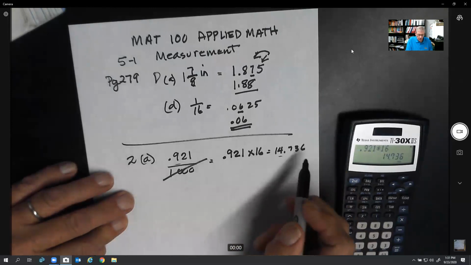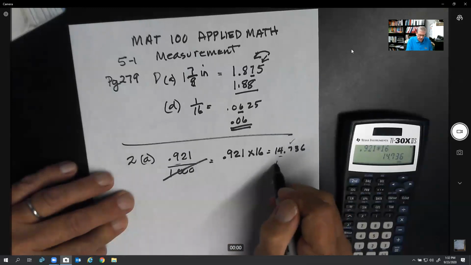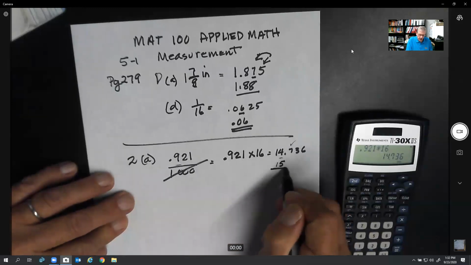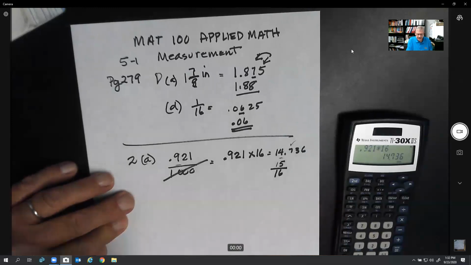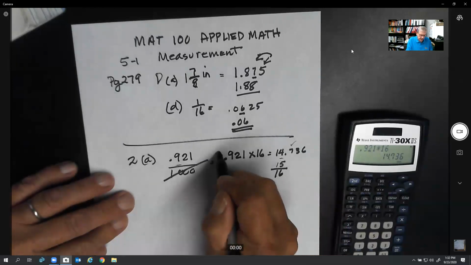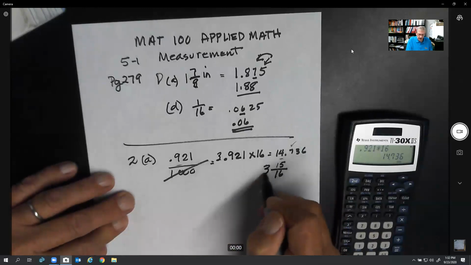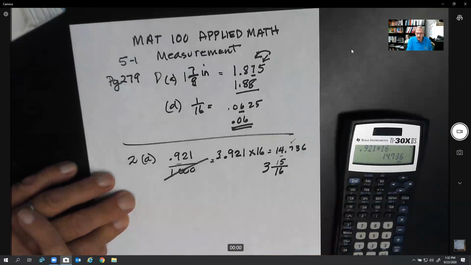Again, we look at the 4, right after it is a 7. 7's pretty big, so we're going to round this up to 15. And then we're going to put that over 16. 15/16. That's all there is to it. If there was a number with, say there was a 3 in front of here, we would just project down to 3 and call it 3 15/16.